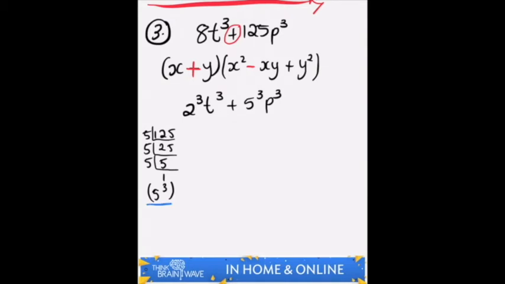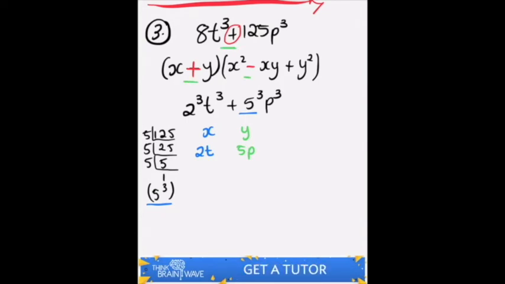Now that we know that, we see that it's at the top over there. We say our x is equal to 2t, and our y is equal to 5p. Simple and easy. Just remember that you've got your t and your p as well as the numbers on either side. Now, let's go back to it.